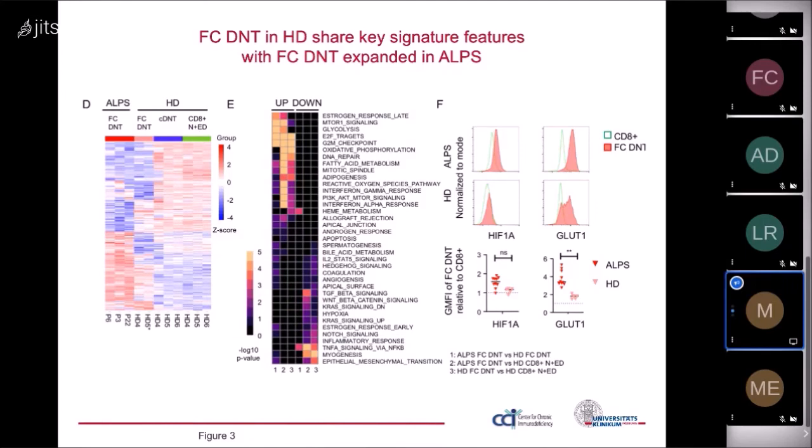And we wanted also to confirm it on a protein expression level. So we chose two markers, HIF1 alpha and GLUT1, which are known to be part not only of glycolysis, but also of mTOR signaling. And indeed, we could see that these were much more highly upregulated in ALPS patients' FC DNT than in healthy individuals.